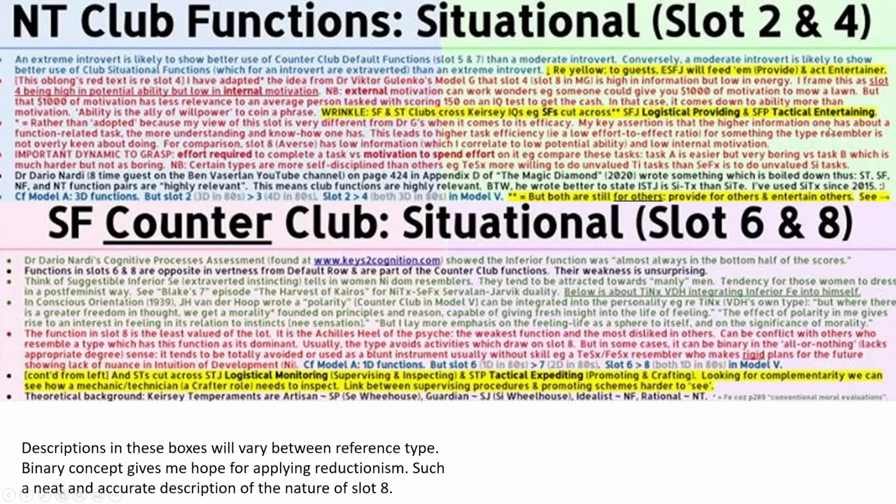Key assertion is that the higher information one has about a function-related task, the more understanding and know-how one has. This leads to a higher task efficiency, lower effort to effect ratio for something that type is not overly keen about doing. So type's not particularly keen about TE, but they're going to be really efficient when they do it.